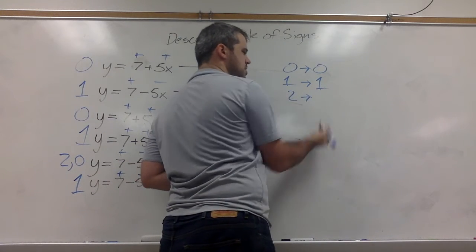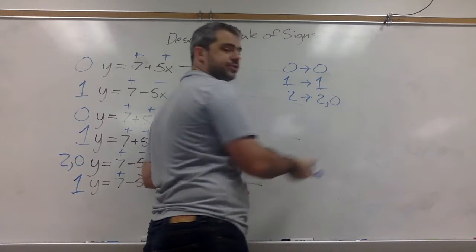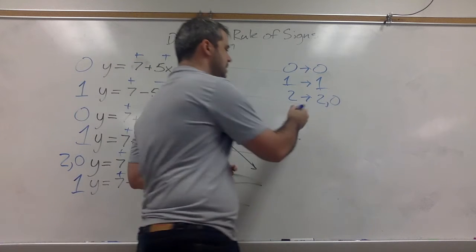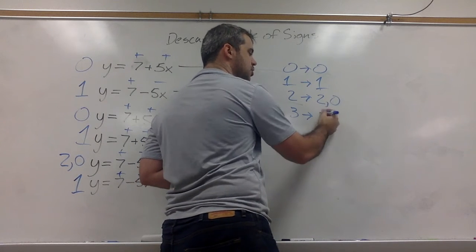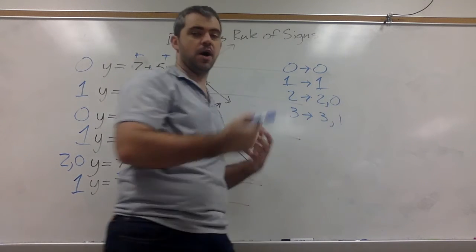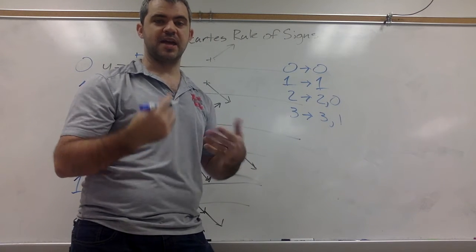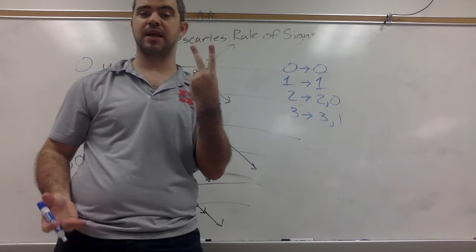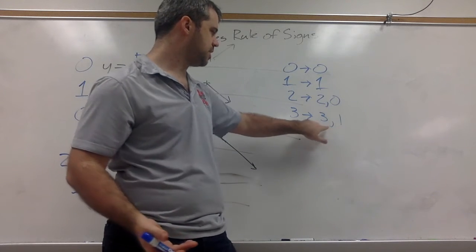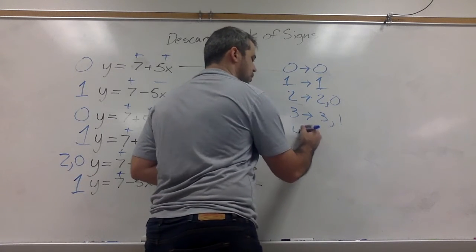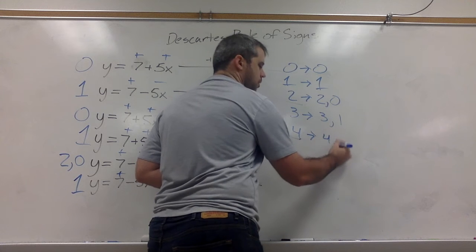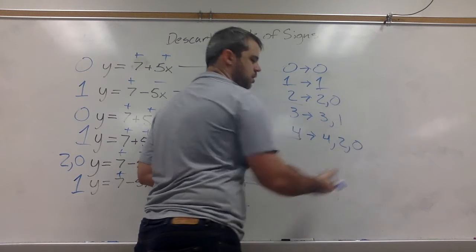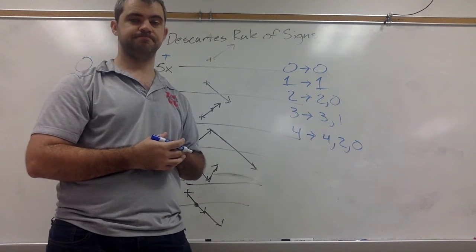If it's 2, then it could be 2 or 0. If it's 3, it could be 3 or 1, because it counts down by 2. You can have these pairs of complex solutions. So if it were 4, we can have 4 or 2 or 0.